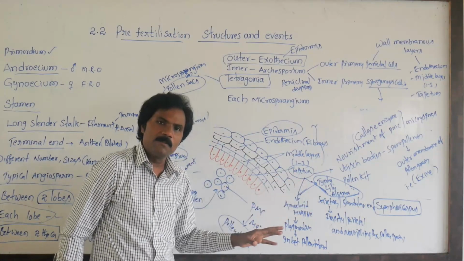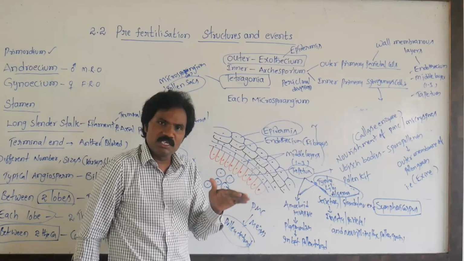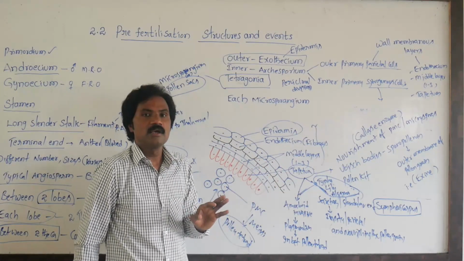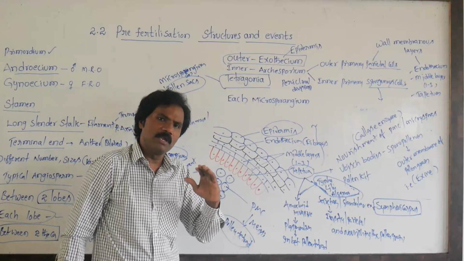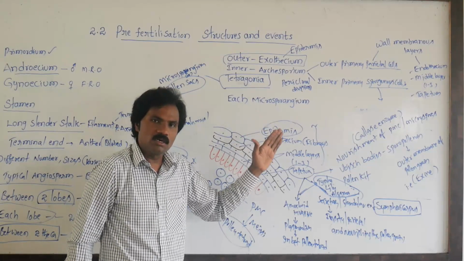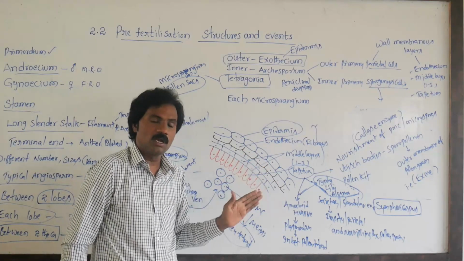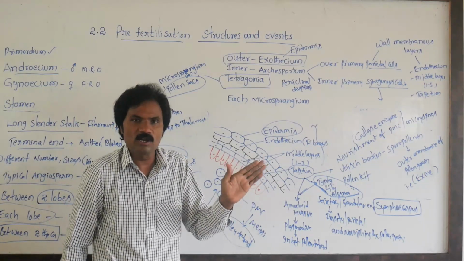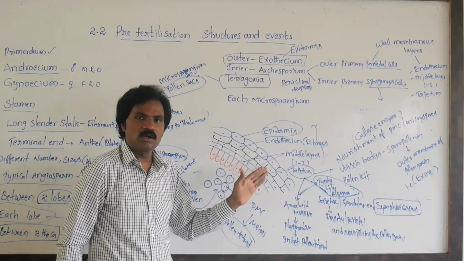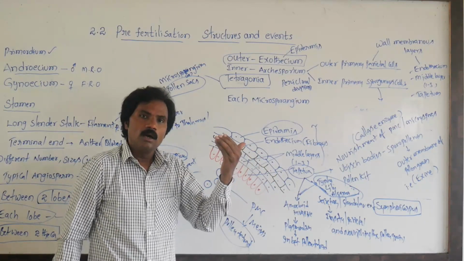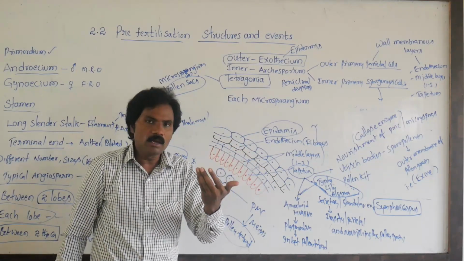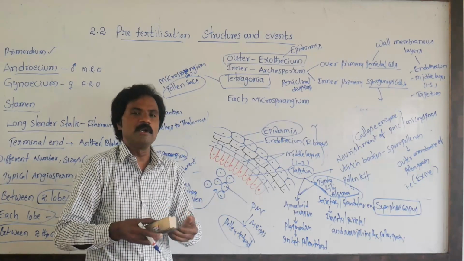Even though it may be present, after secretion and nourishing, it must degenerate. Before maturation, the epidermis, endothecium, middle layer and tapetum are present. After the pollen tetrads and pollen grains have developed and matured, the epidermis, middle layer and tapetum cells degenerate.